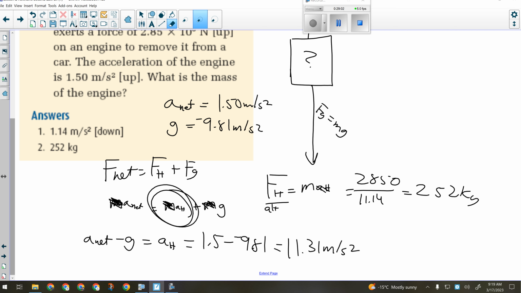As long as you understand, all I'm trying to illustrate here is that forces and accelerations work the same way. Their vector sum is going to be the net. Net force is the vector sum of all the forces. Acceleration is the vector sum of all accelerations. Average velocity is the vector sum of all the velocities together. It all works for all vector quantities. And that's all we did there.